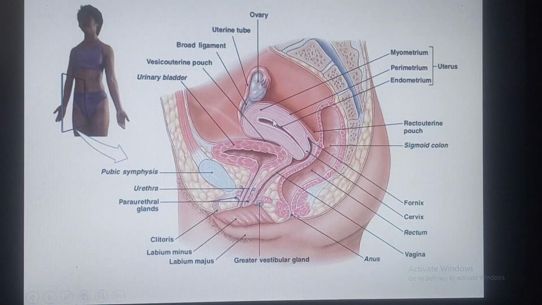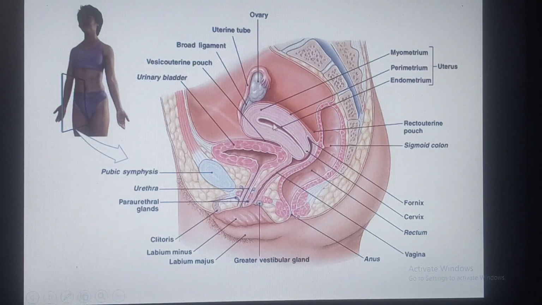Around week 15 or 16 it's roughly 500 grams, but at term we expect the weight to be around 1,000 grams, and immediately after delivery it will still be around 1,000 grams. Later there will be atrophy to reduce its weight, but it may not necessarily come back to 60 grams; it may be around 70 grams. So that is what we find with the weight of the uterus.